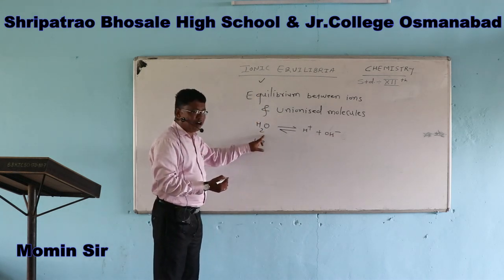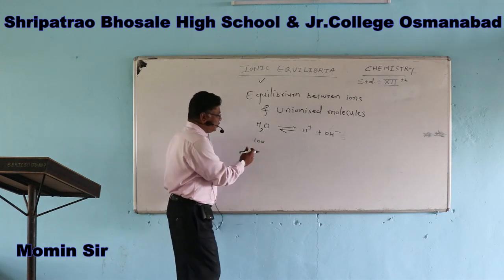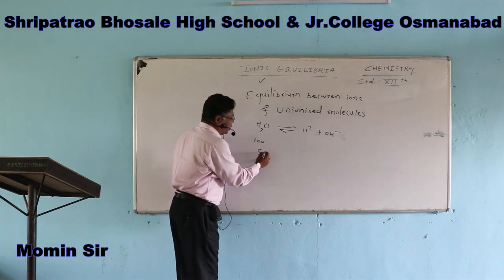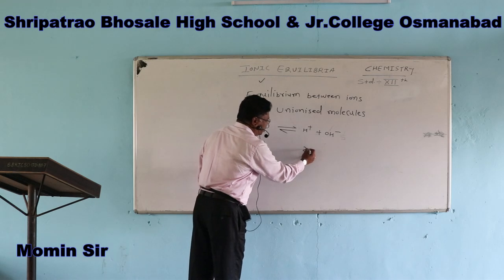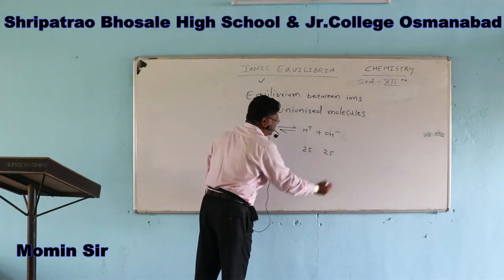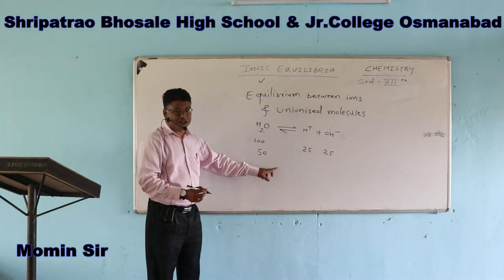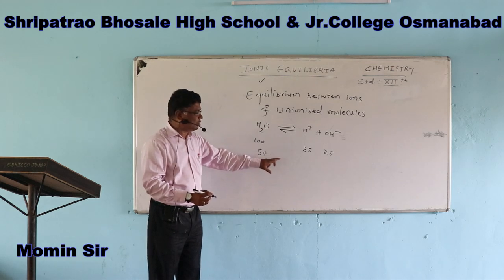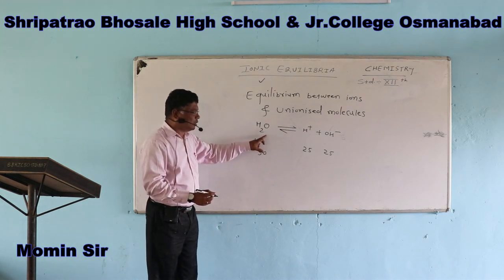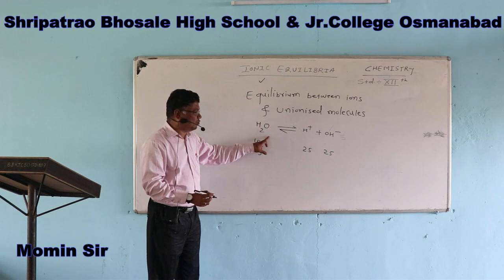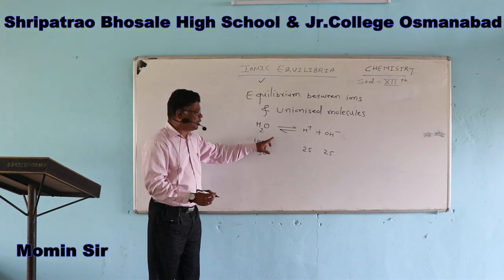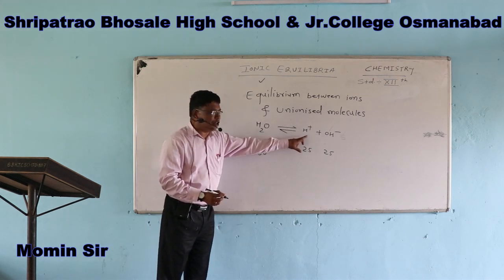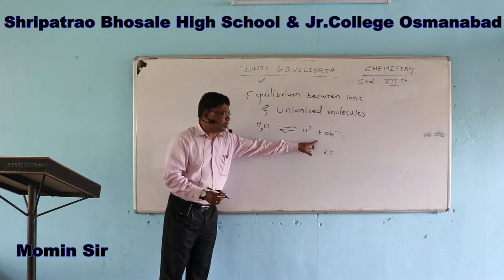Out of 100, when 50 molecules are ionized, they form 25 H plus and 25 OH minus. Means in the beginning there are 100 molecules of water, but after ionization they are converted into H plus and OH minus.